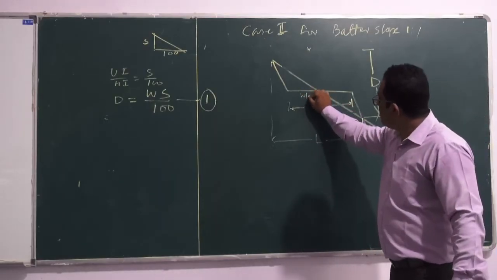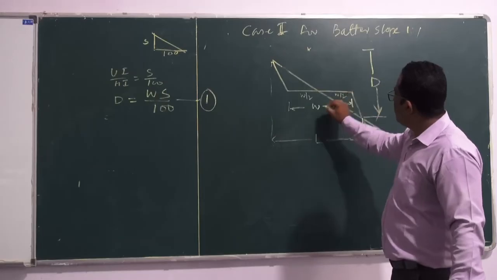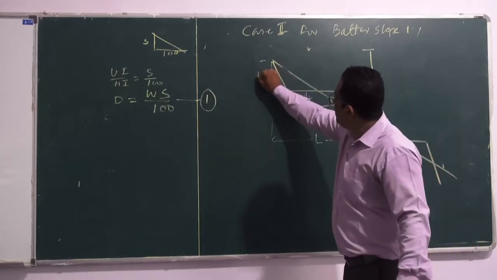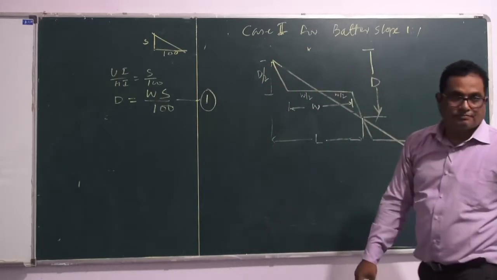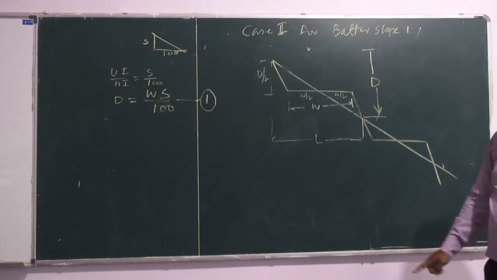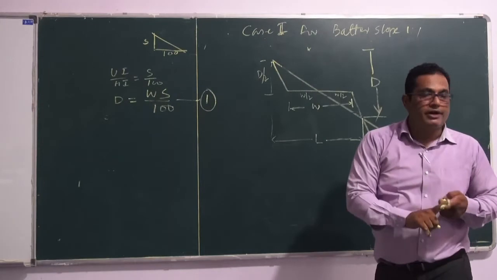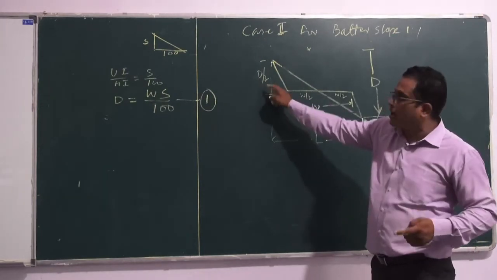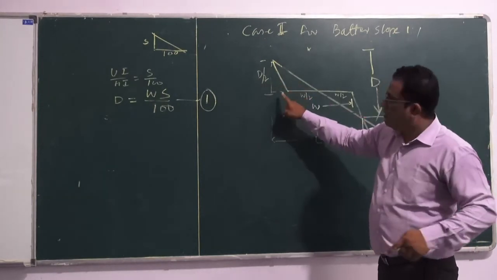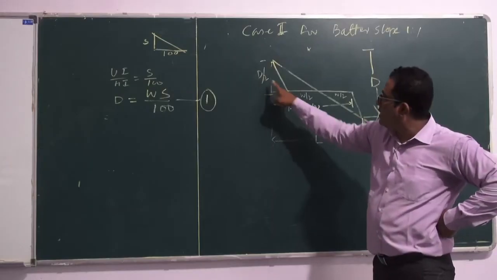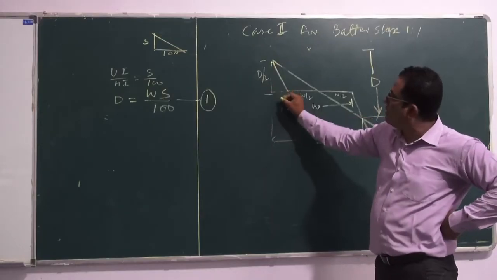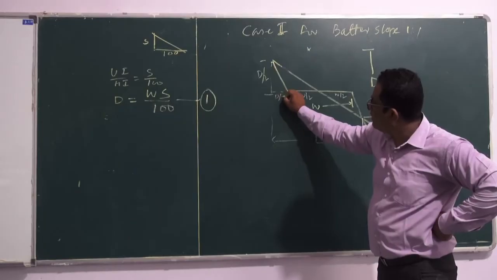And obviously this will be W by 2, and this depth of cut will be D by 2. Since we have 1:1, one horizontal to one vertical, if the vertical is half, this will be also half. If it is 1, it will be 1. If it is D by 2, this will be D by 2.